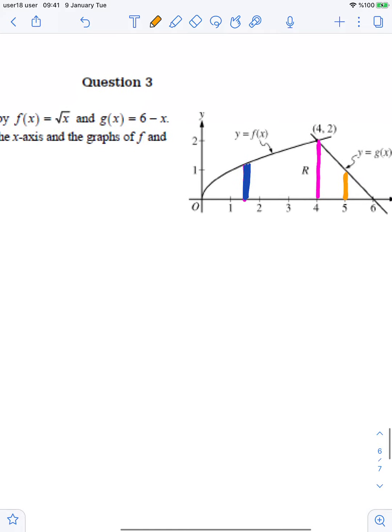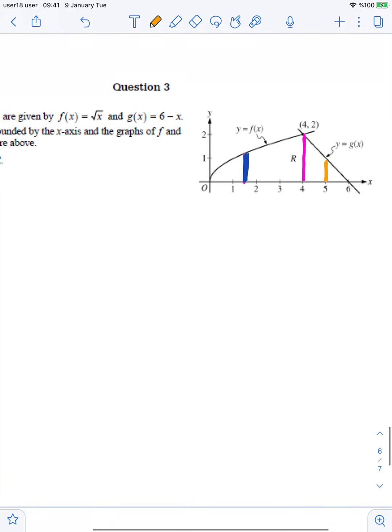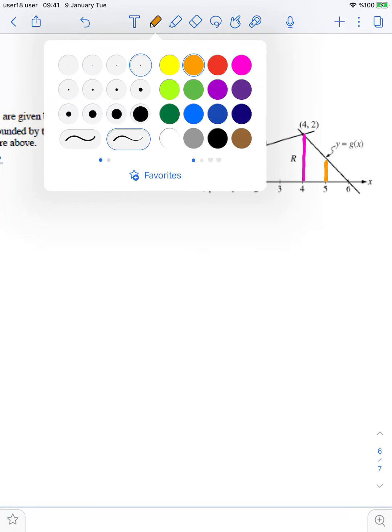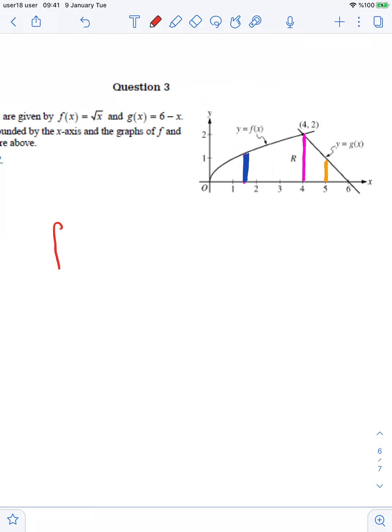And so we can say that the area is going to be the integral between 0 and 4 of root x dx plus the integral between 4 and 6 of 6 minus x dx.